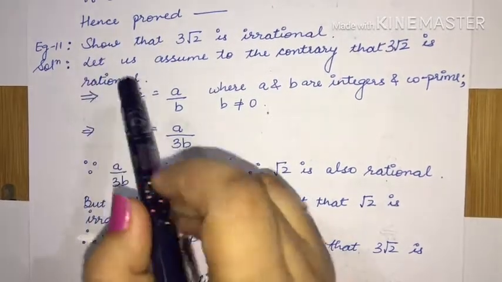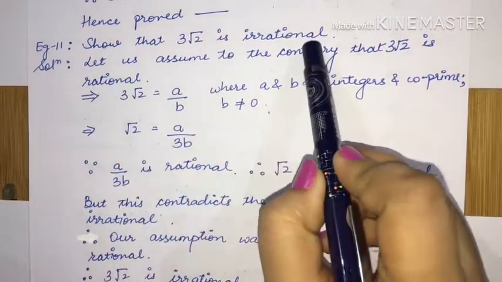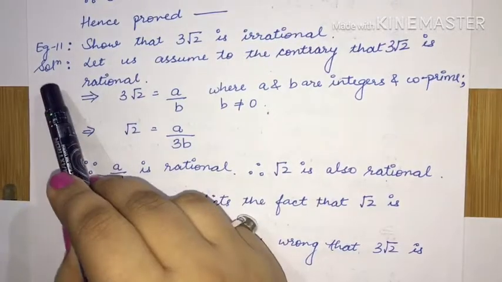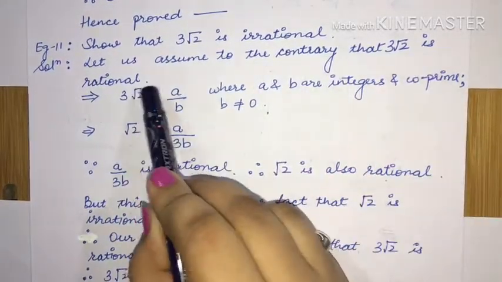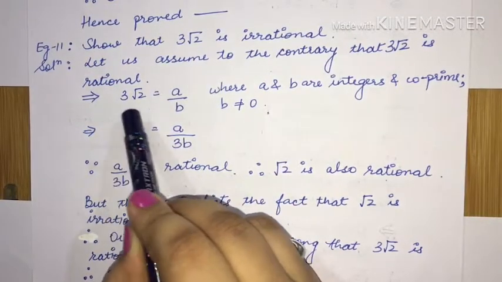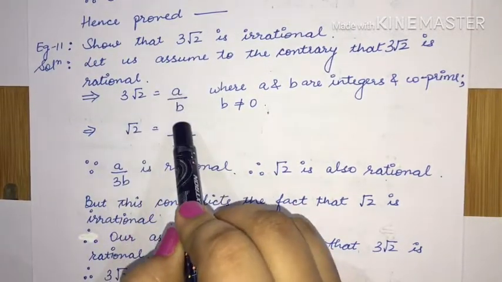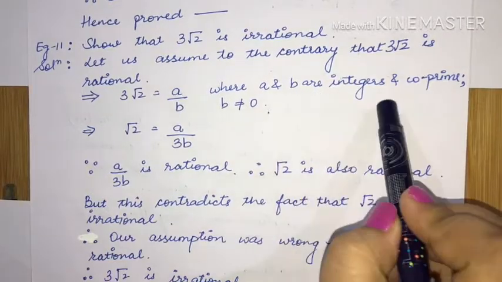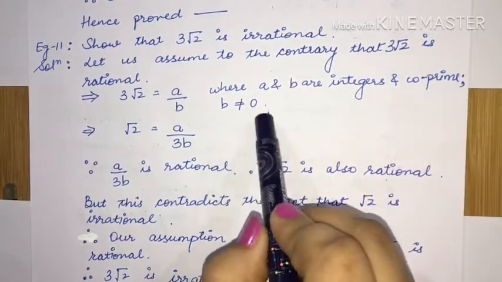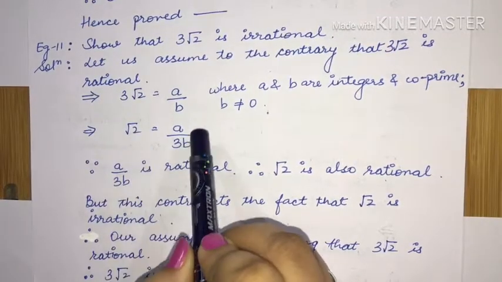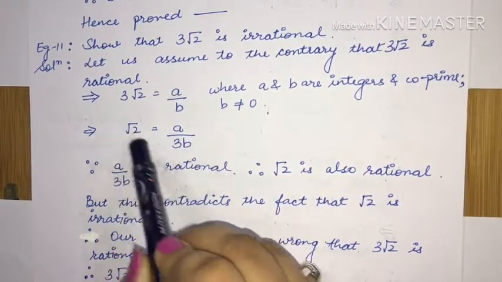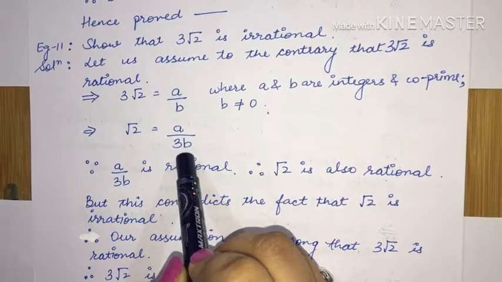Example 11: show that 3 root 2 is irrational. Solution: let us assume to the contrary that 3 root 2 is rational, which implies 3 root 2 is equal to a upon b, where a and b are integers and co-prime and b is not equal to 0, which implies root 2 is equal to a upon 3b, as 3 would cross multiply over here.